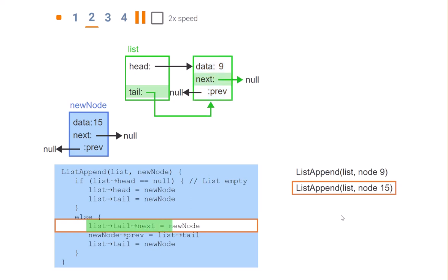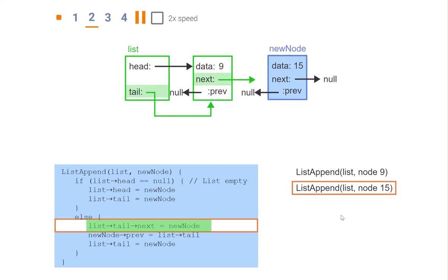So it made a comparison and sees something in there, creates a new node, and just kind of places it at the tail of the existing list, which is the node with the data of integer 9, and assigns its next pointer to that new node we just created with the data value 15. And the data value 15 node's next becomes null because there's nothing there, and the previous is not assigned yet.